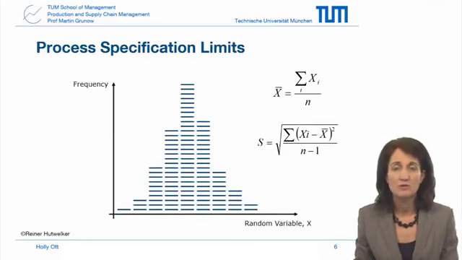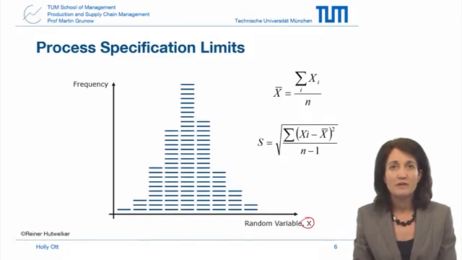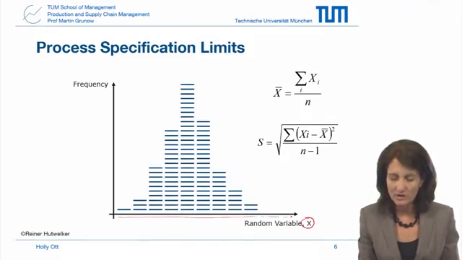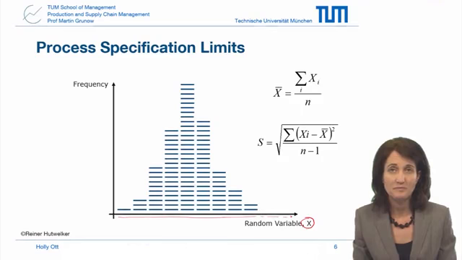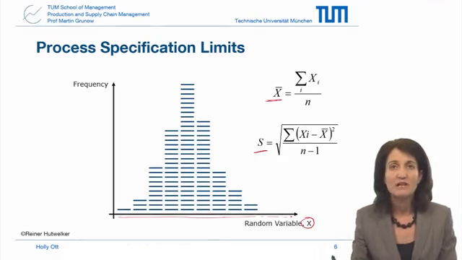Now, if we have a normally distributed variable, so our variable here X, and we take a sample, so here is an example. The random variable that we're interested in can take very different values. It can be small values going up to larger values. Now we take our sample, we take all these values, and we calculate then our sample average and our sample standard deviation.